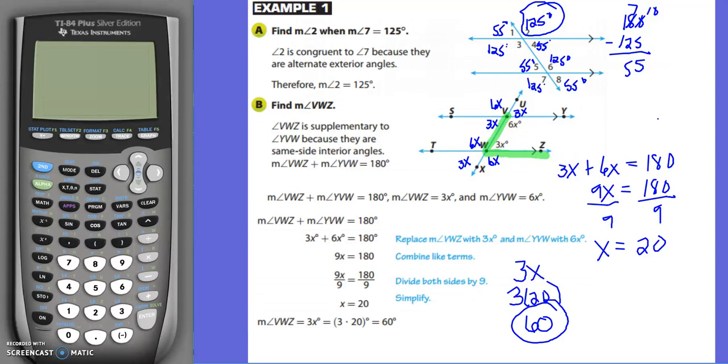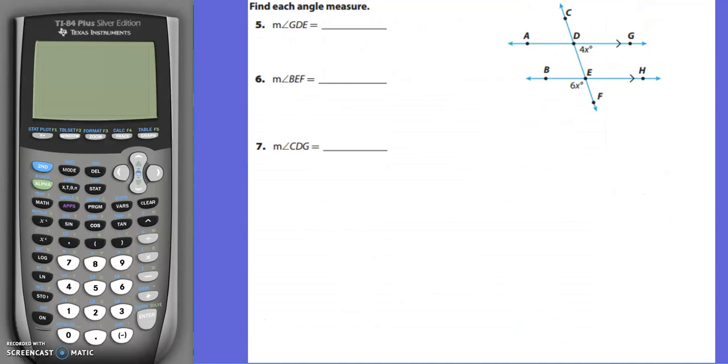All right. If this is 4x, based upon vertical angles, this is 4x. Based upon corresponding, this is 4x, and this is 4x. Based upon vertical, this is 6x. Based upon corresponding, this is 6x.